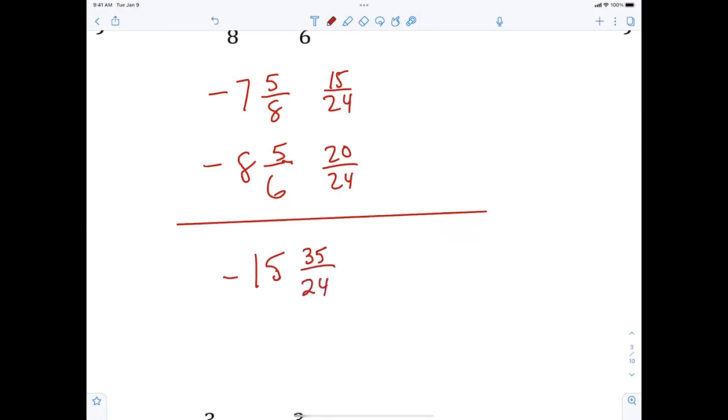All right, well, let's just leave it like that for now. So it's negative 15 and 35 over 24, which then we have to convert to say it. You're amazing. That was really good. All right. Now, honestly, that's kind of a hard one. Anybody have any issues with that?